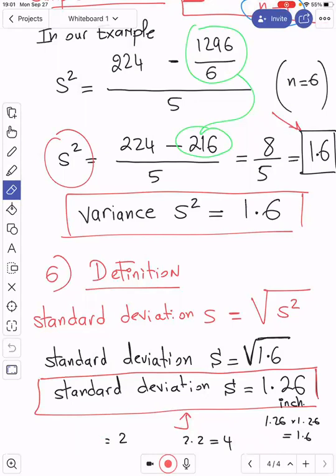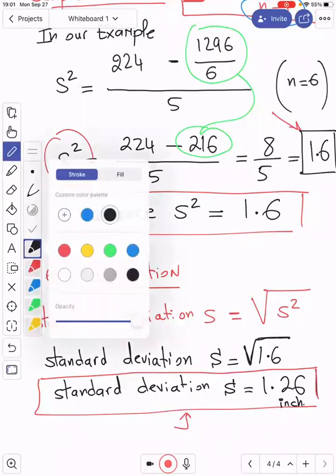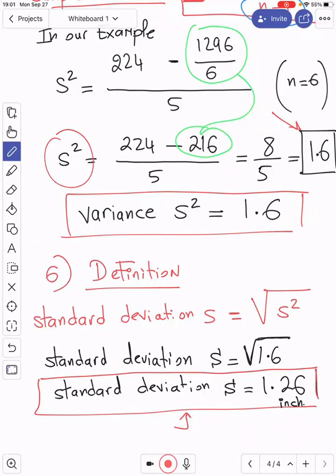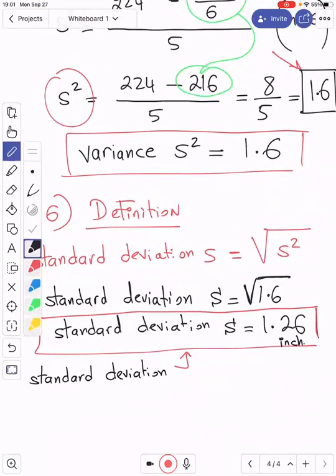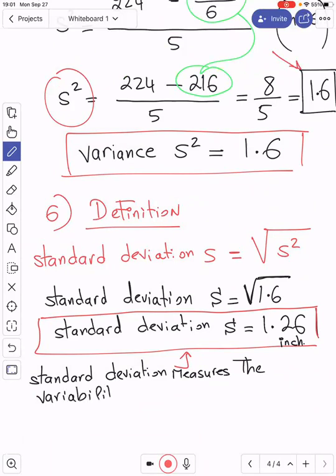So I was saying this standard deviation is going to measure the variability of your data set. So in this example, let me just write down here: this standard deviation measures the variability of your data set.